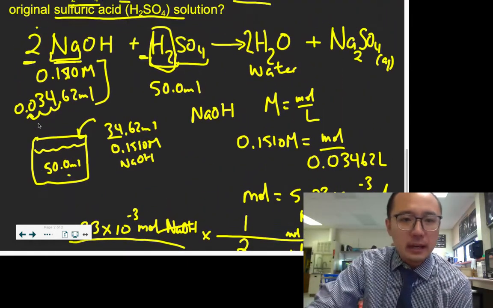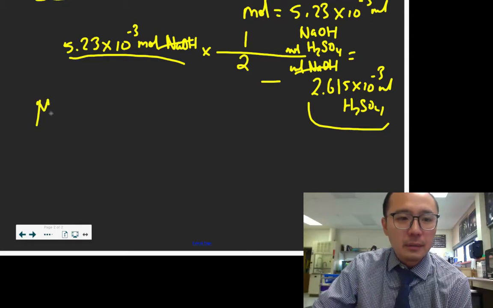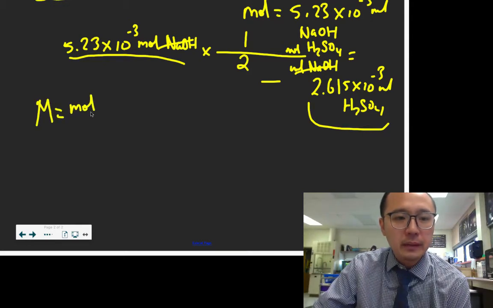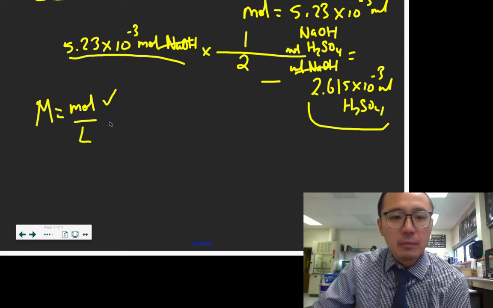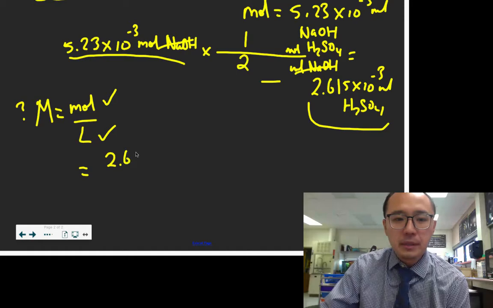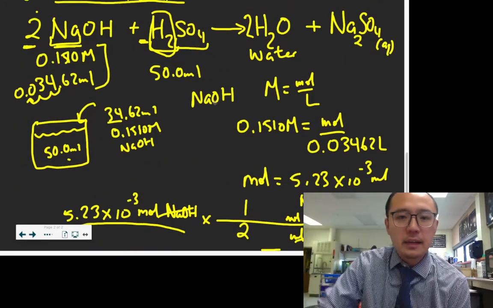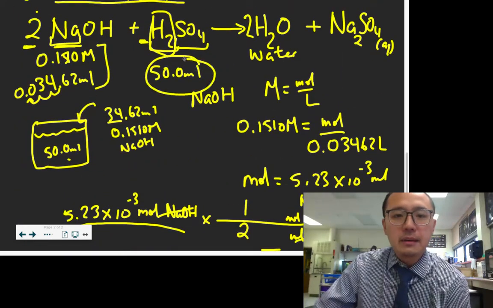Now, what am I calculating? I'm calculating the concentration, so I'm going to put my formula here. I have my moles of sulfuric acid. I have my volume, I don't have this. So I'm going to put these numbers in, 2.615 times 10 to the negative 3 moles, and divide it by my volume. What's my volume for sulfuric acid again? 50 mLs.